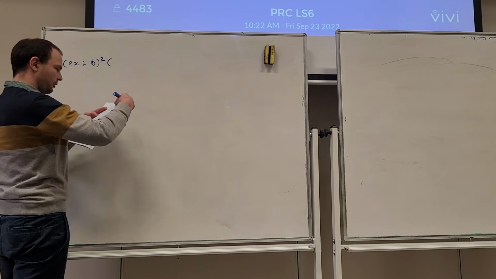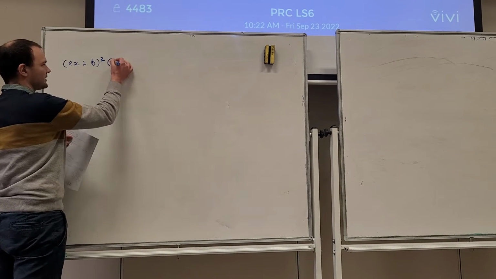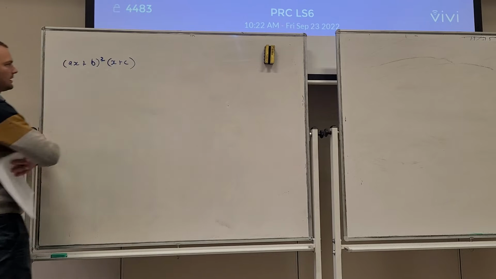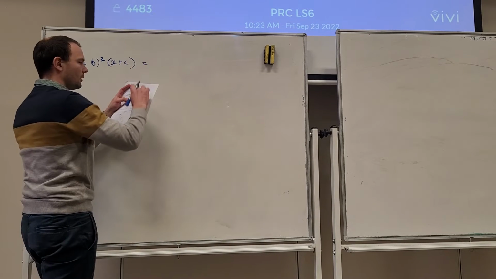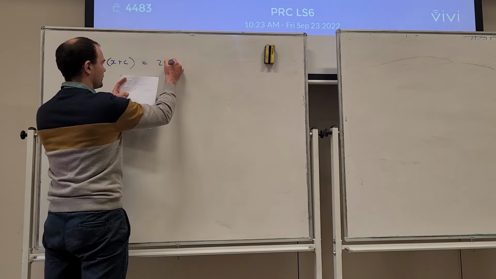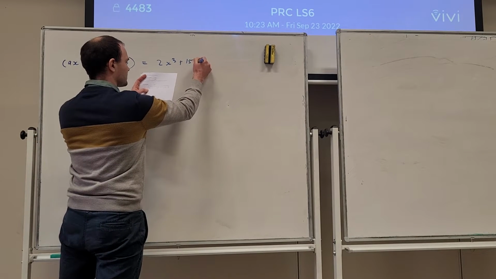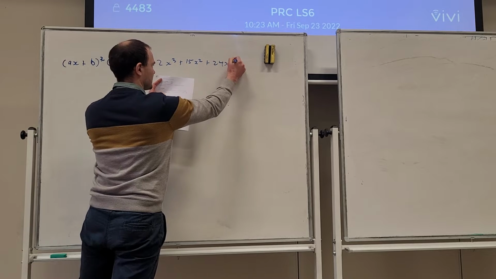And then we've got 3 factors, 2 are identical, so this is just going to be some x plus c. And if we expand that, we're going to get the cubic, 2x to the 3 plus 15x squared plus 24x plus k.